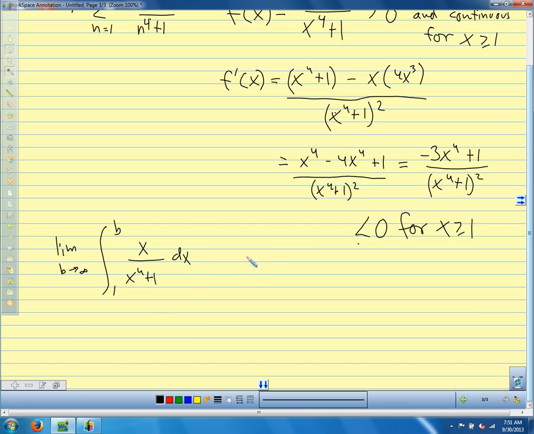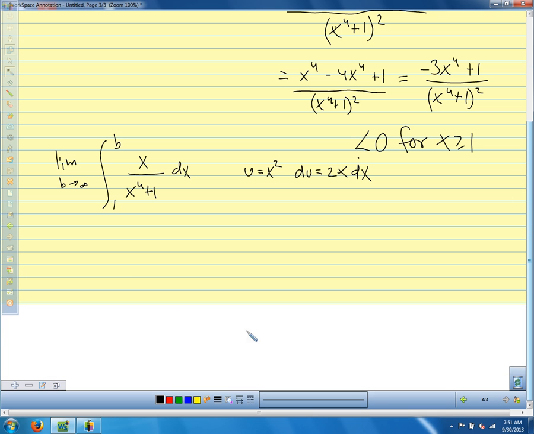I'm going to say u equals x squared. du is 2x dx. And I'm just going to rewrite the substituted integral without our limits. We have 1/2 the integral of du over u squared plus 1.